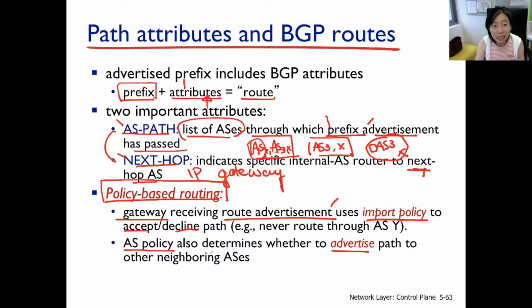Some of them might have complex policy that is very fine-grained. For example, if one gateway router connects to two other neighboring ASs, this gateway router might say, I send this particular extended advertisement only to one of the ASs. Policy to import and policy also to export.